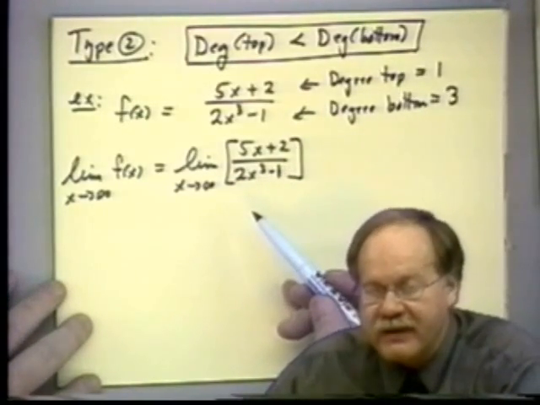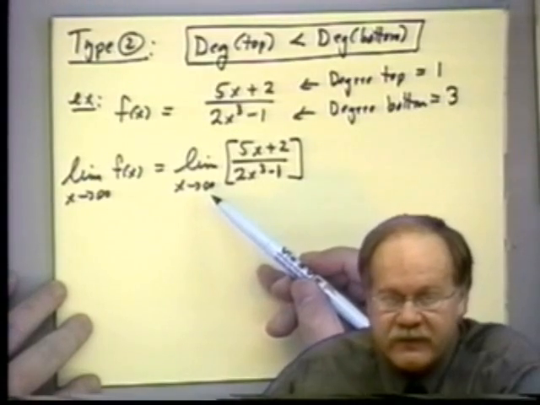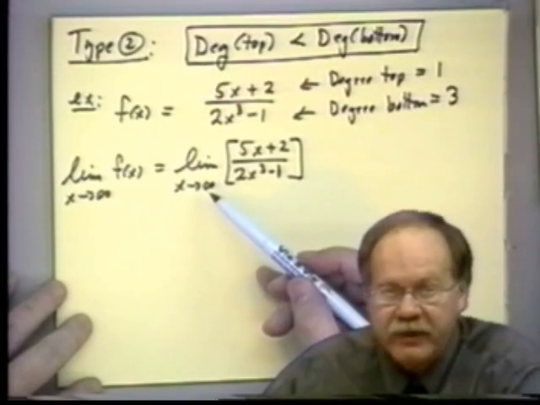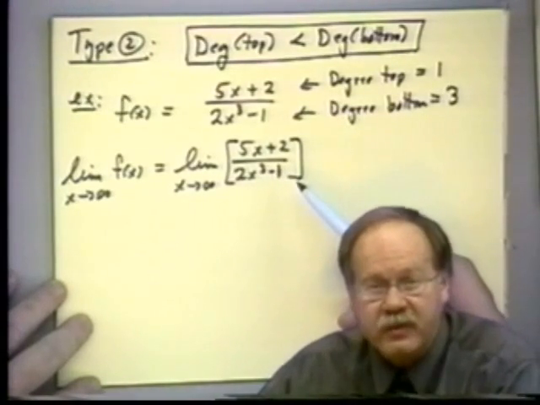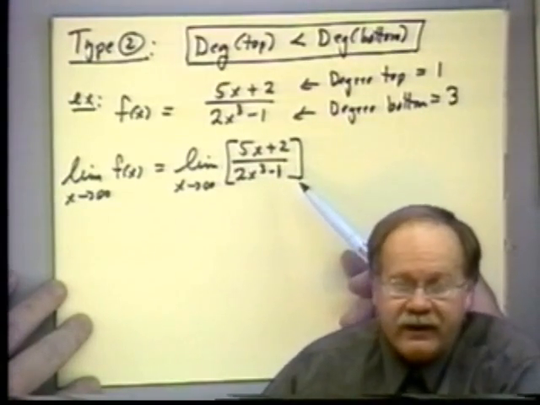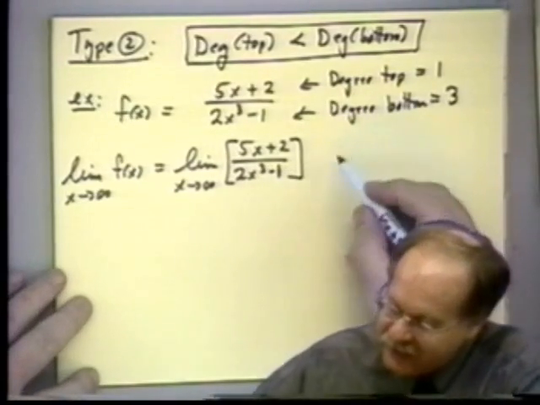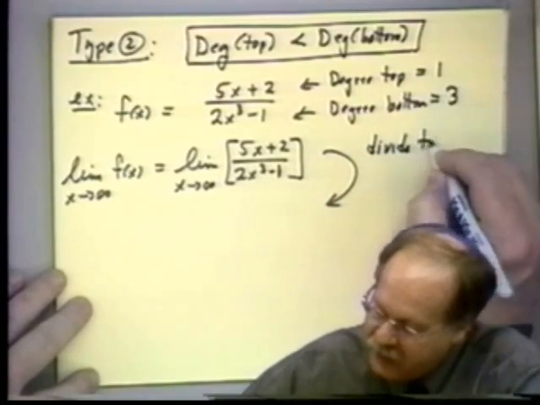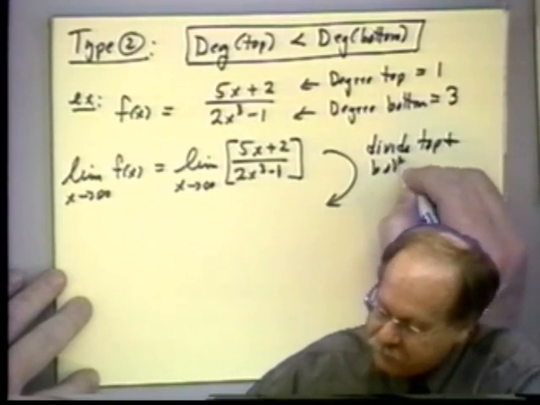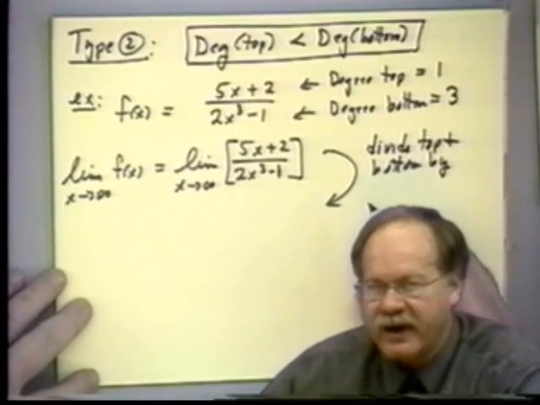Again, the first intuitive step gives us the same indeterminate form. If we try to put in infinity, of course infinity is not a number, but if we tried to put it in, we would get infinity on the top and infinity on the bottom. An indeterminate form, which means nothing. We have to do more work to see what this limit is. So we're going to use exactly the same technique. We will divide top and bottom by, well, now we have to make a choice.